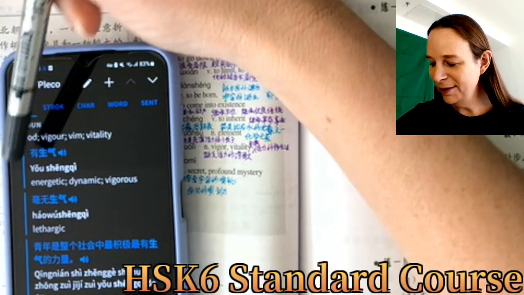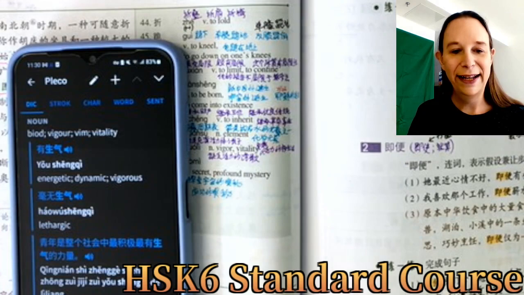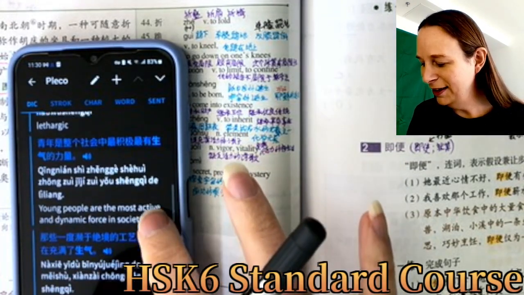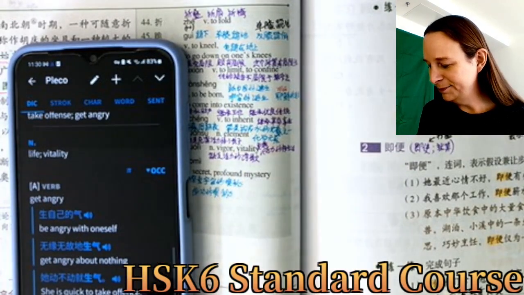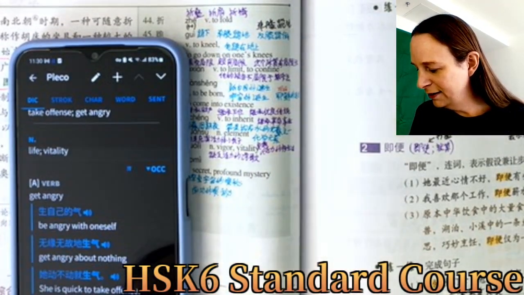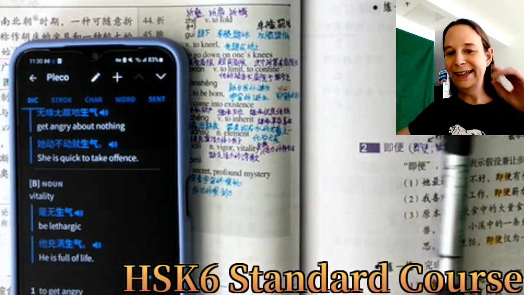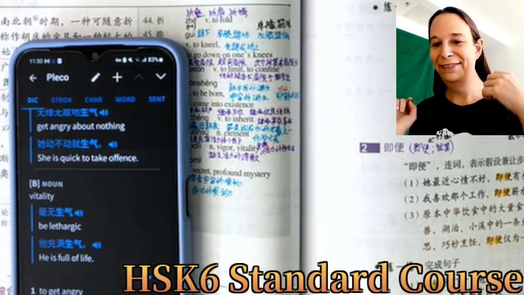This is a noun, so you put a 有. 毫无生气, no energy, a complete lack of 生气. 他充满生气. He's full of life, not full of anger.